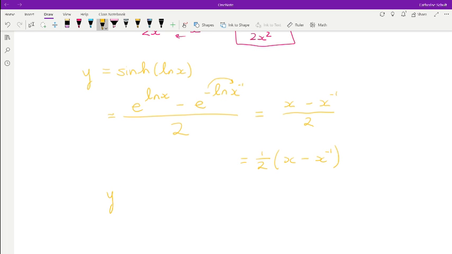So if we wanted to take y prime, the derivative of x is 1. This, we're going to bring down negative 1. Minus minus becomes plus, and then subtract 1 from the exponent. And so we're looking at 1/2 times 1 plus 1 over x squared.